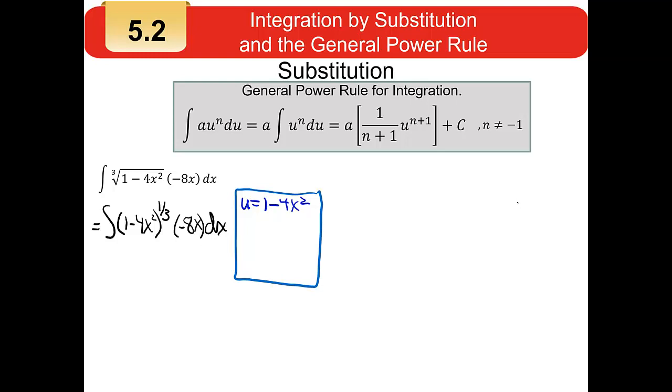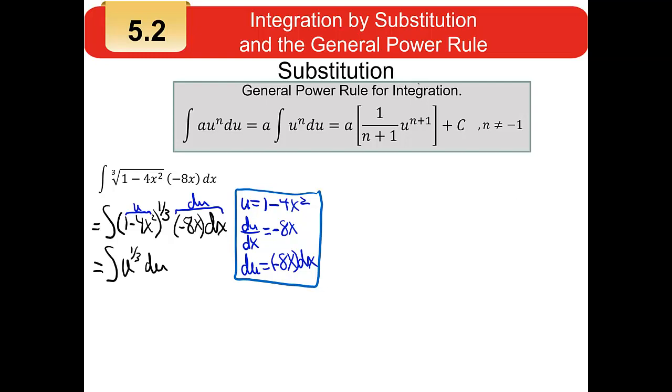So it's going to be 1 minus 4x squared. Then I compute the derivative as minus 8x, so du is minus 8x times dx. Well, that's exactly what I have over there. So I can do a match right now. The 1 minus 4x squared becomes the u, and the rest of it becomes du, so I only have to integrate u to the 1/3 du.